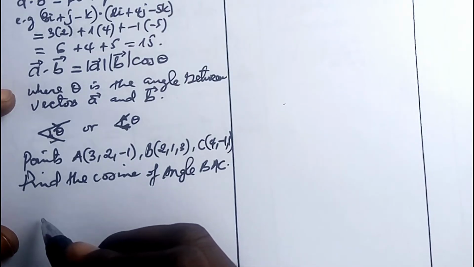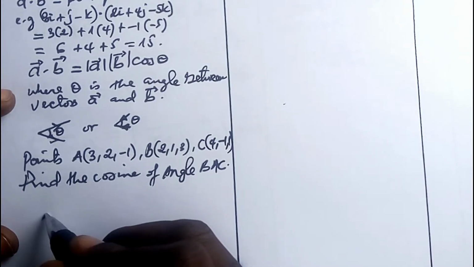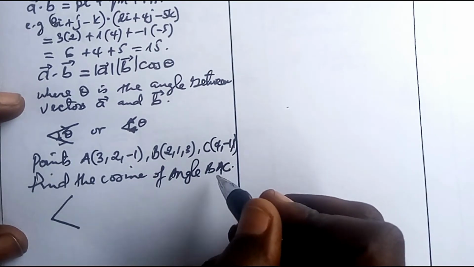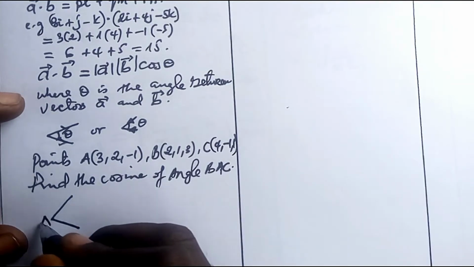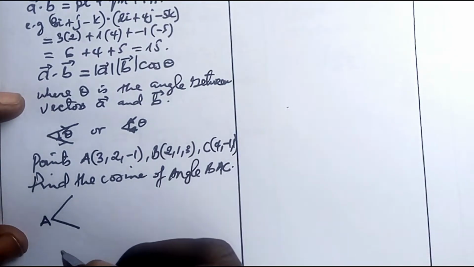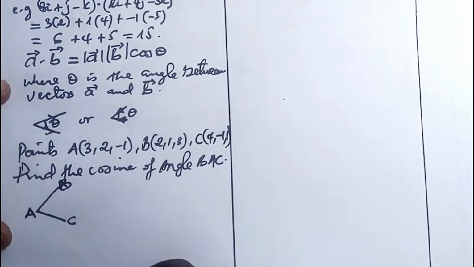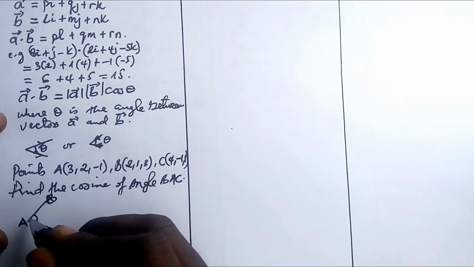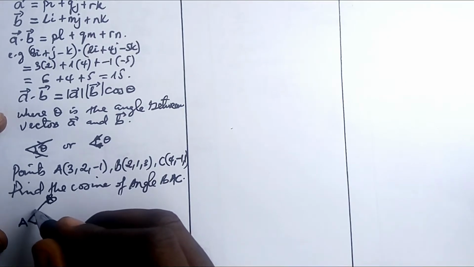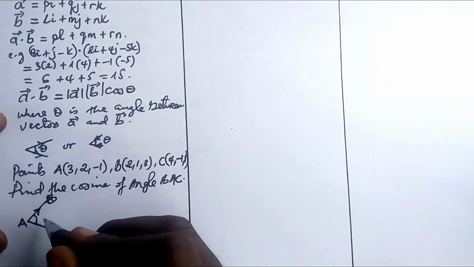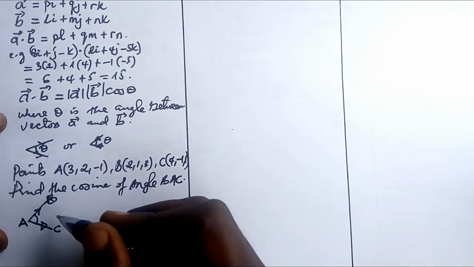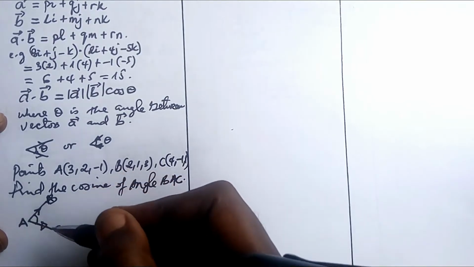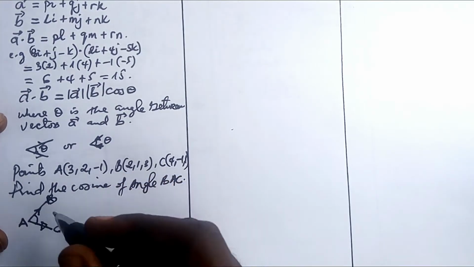In order to find the cosine of angle BAC, I would have to simulate the situation as it would occur in three-dimensional space. Angle BAC has its vertex at A, so I label A there, the middle letter, and then B and C. The angle is bound by displacement vectors, which I can make diverge or converge.